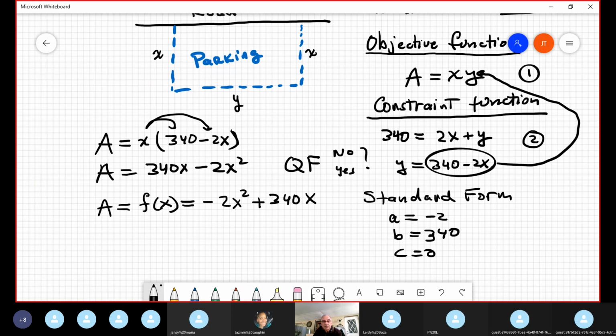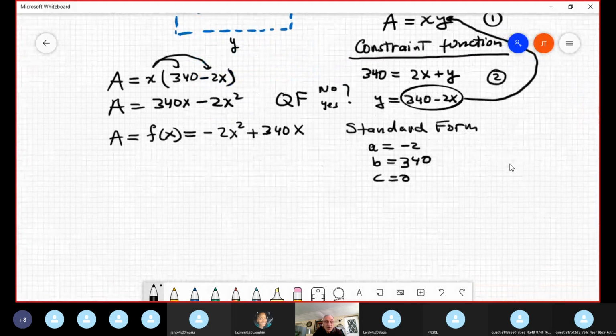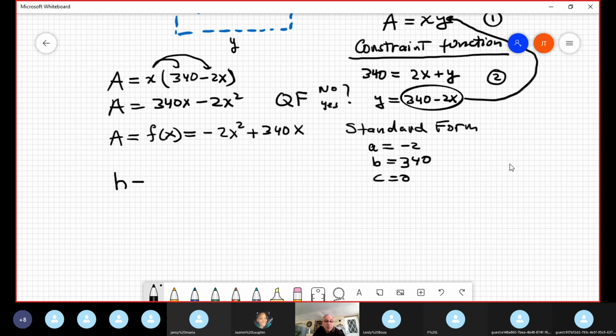And remember, the optimization occurs in the vertex. So the most important point in the optimization problem is the vertex. And the vertex we can find using this famous formula, que in my opinion is the most important formula today.